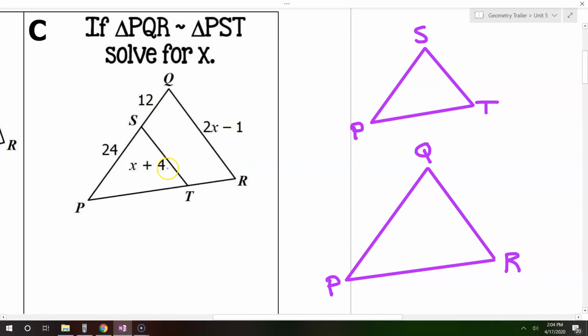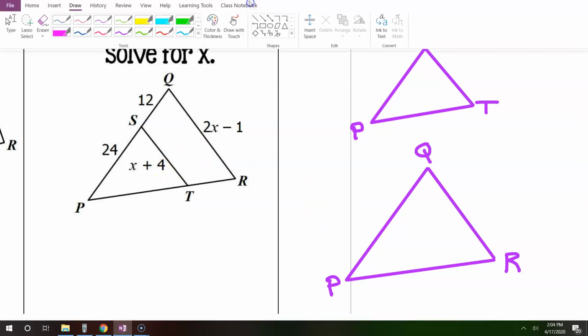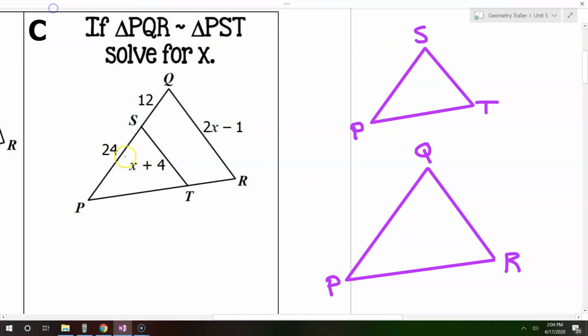Okay, let's label them. So on the small triangle, we had side SP, which was 24. So I'm just going to get the 24 on there. And then side ST was x plus 4. So this is x plus 4.